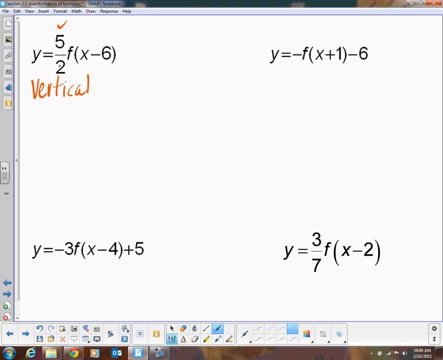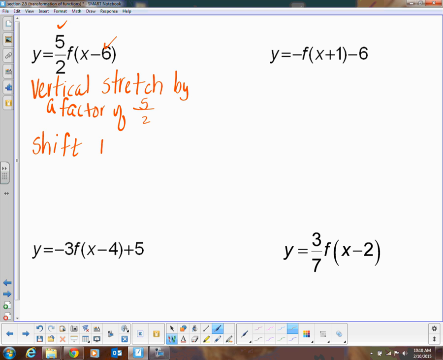If it's bigger than 1, then it's a vertical stretch. Why do you think I wrote 5 halves? Factor of what? Okay. What does this tell us? You're going to shift right 6.